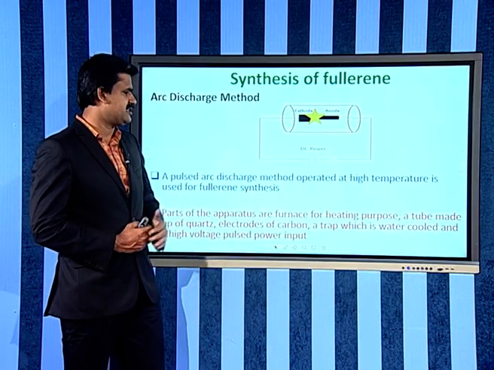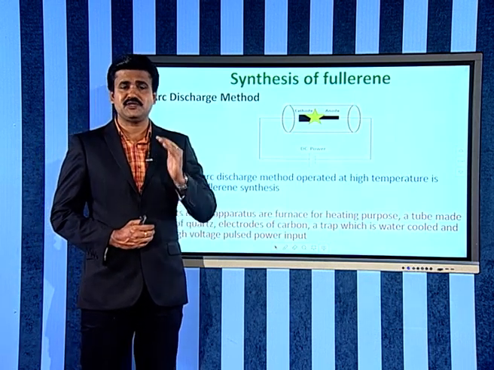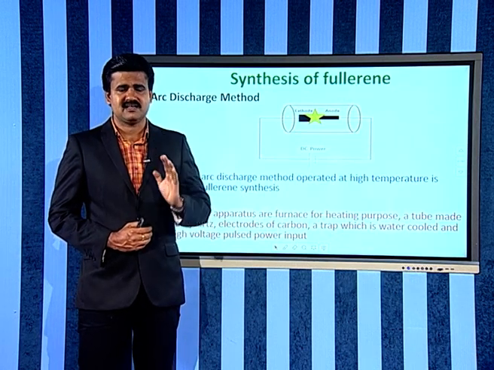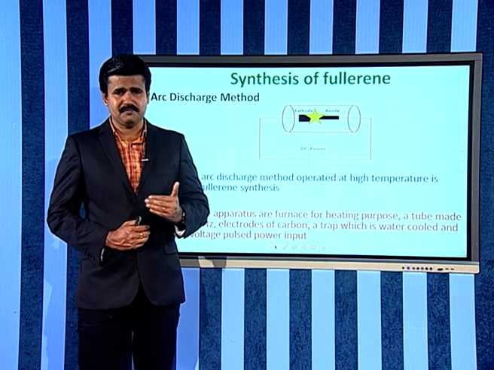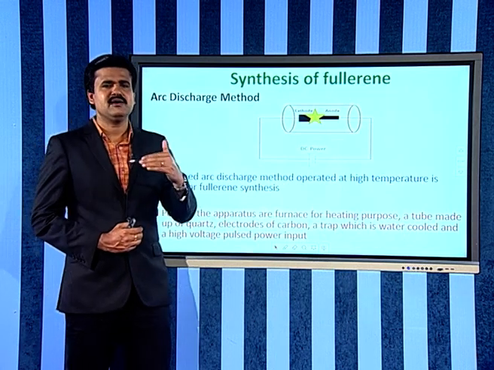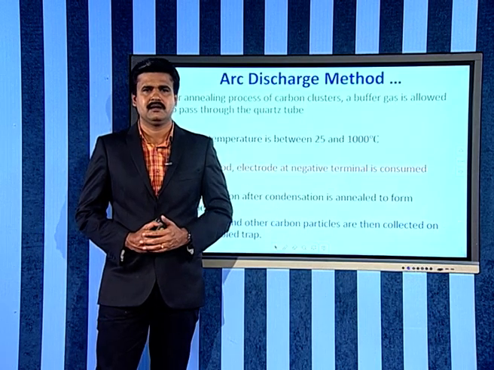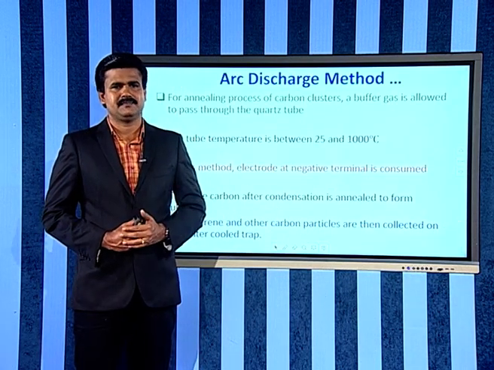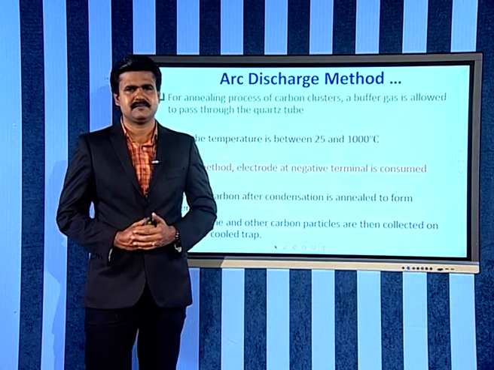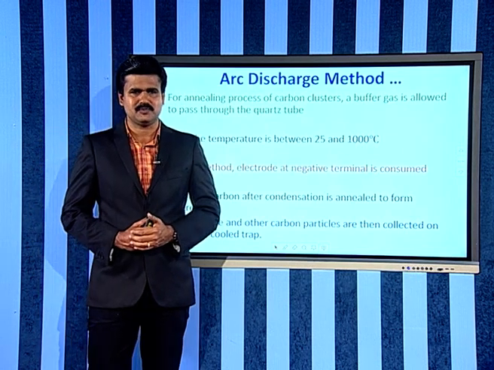Parts of the apparatus are a furnace for heating purpose, a tube made up of quartz, electrodes of carbon cathode and anode, a water cooled trap, and a high voltage pulsed power unit. In the arc discharge method, for the heating or annealing process of carbon clusters, a buffer gas is allowed to pass through the quartz tube.